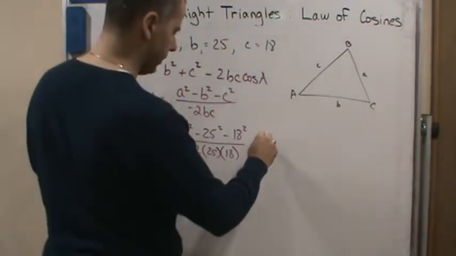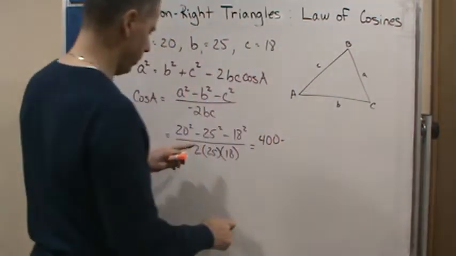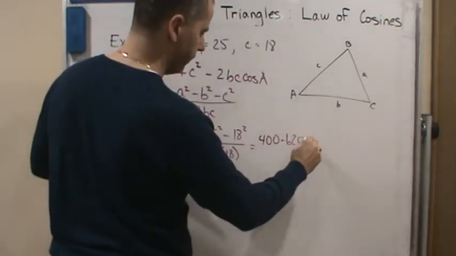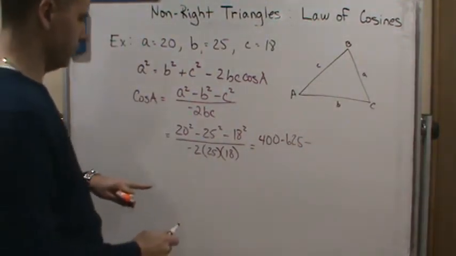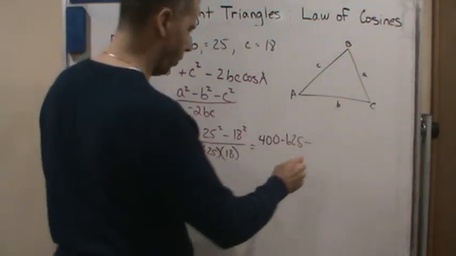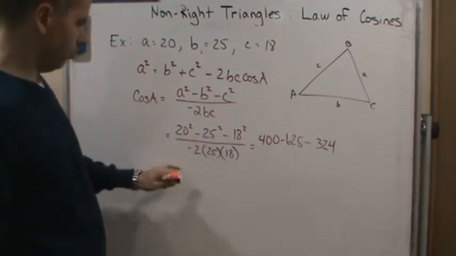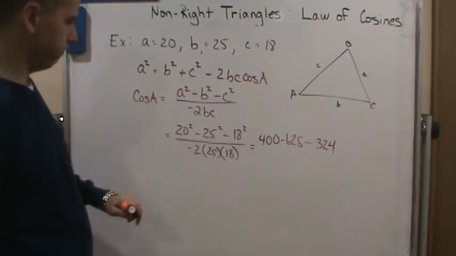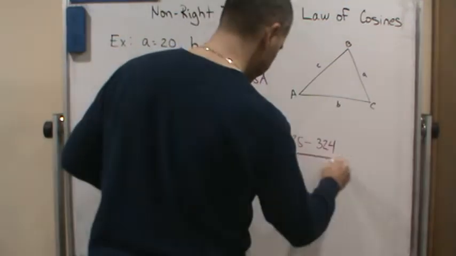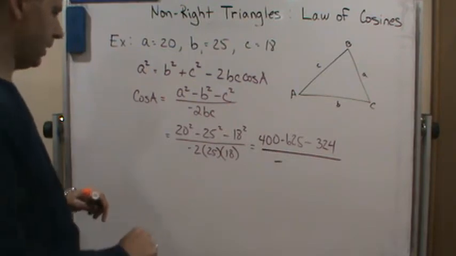This is going to be 400 minus 25 squared, which is 625, minus 18 squared, which is 324. And we'll get negative 900 on the bottom.